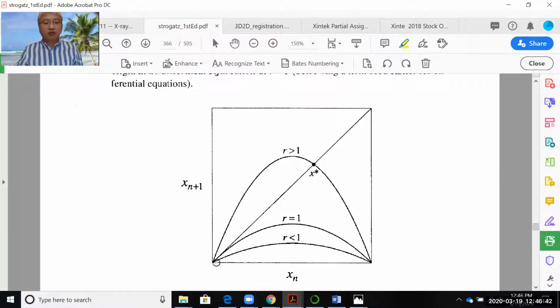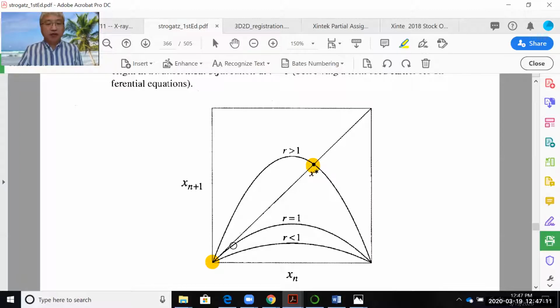So the slope near this point keeps changing, and if the slope is less than 1, which is this line, then this is the only fixed point. As r increases across 1, we have a new fixed point, which is here, the second fixed point.